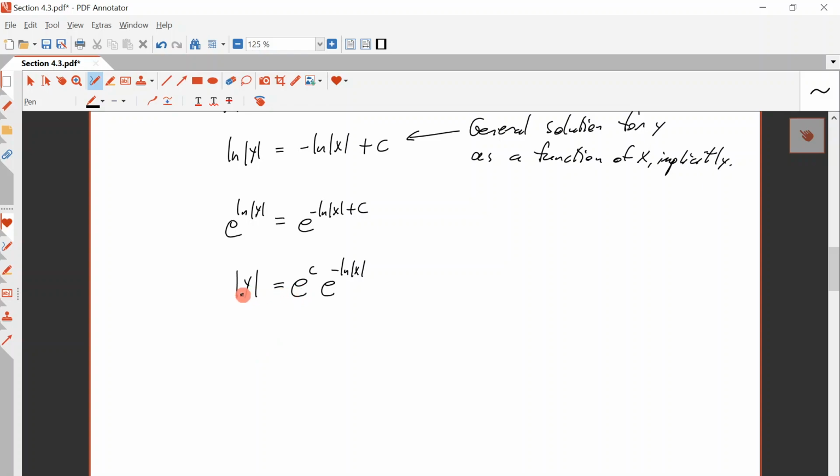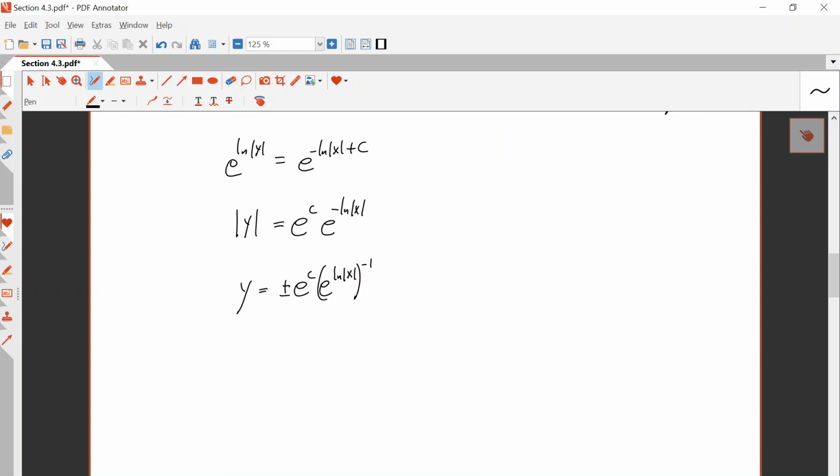Now, to get rid of this absolute value, we just write y equals plus or minus e to the c, times e to the ln x to the negative 1 power, because you multiply these exponents here.